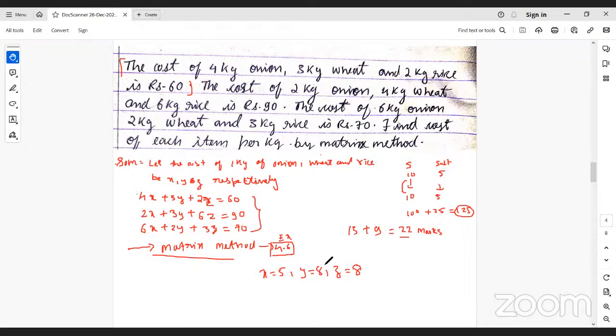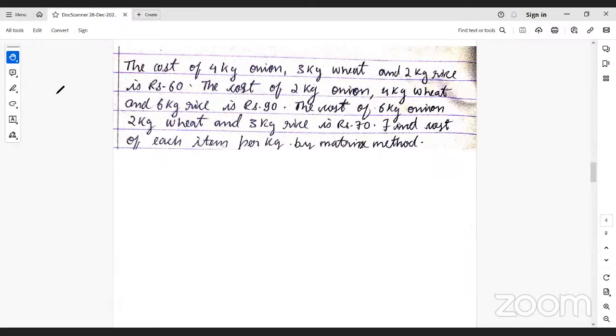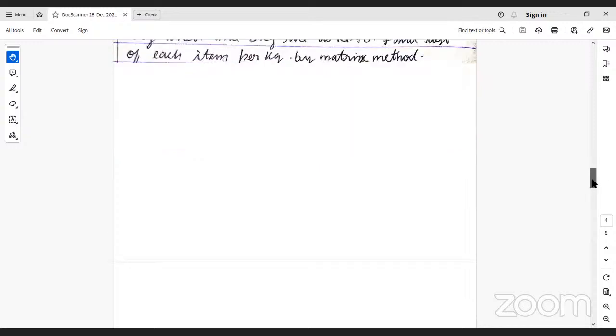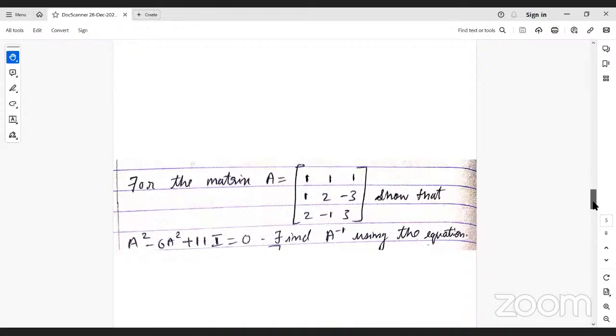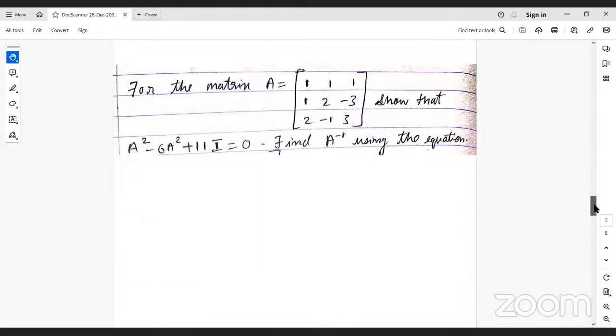Okay, so we will be discussing now the next part, that is 2 mark and 3 mark questions on determinants. Okay, so this is a 4 mark question which I will be discussing a little bit later.